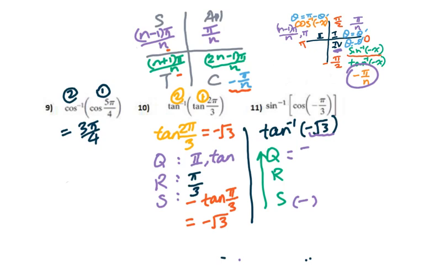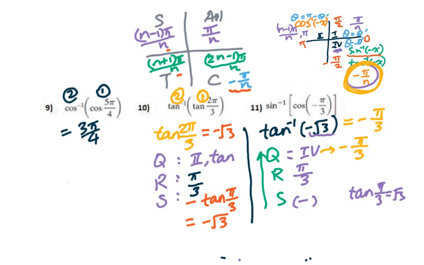So I do fourth quadrant. For the reference angle, since tangent pi over 3 equals square root of 3, pi over 3 will be the reference angle. Therefore, you will get negative pi over 3 because you have to get this pattern for inverse tangent of negative square root of 3. So the answer will be negative pi over 3.